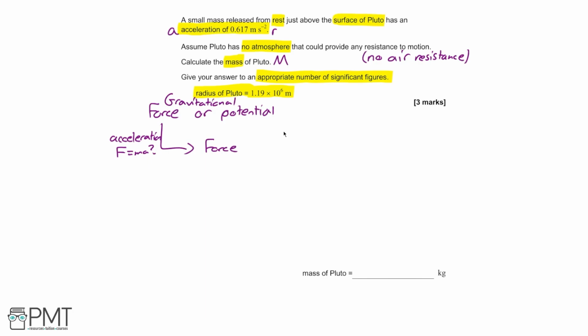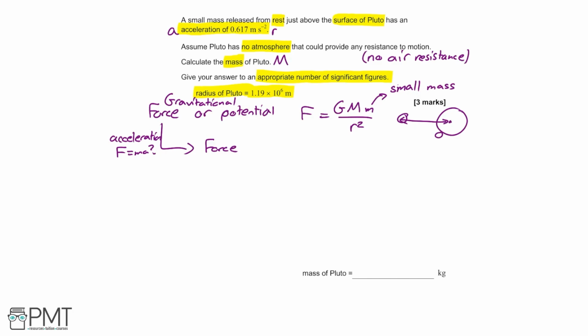So to go further then, we can say that the gravitational force F is equal to G times big M times little m. So this is the small mass, divided by the distance between the center of the small mass and the center of the big mass, which is Pluto, squared. Except in this case, the object is just above the surface of Pluto.